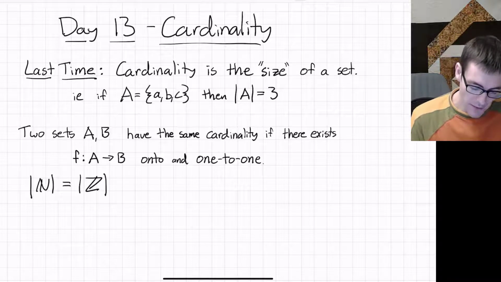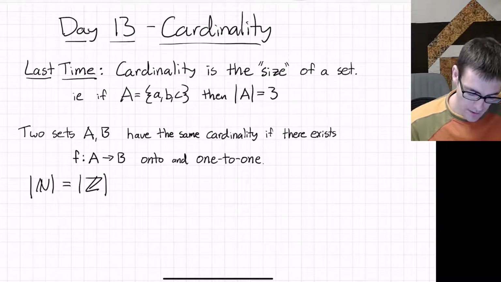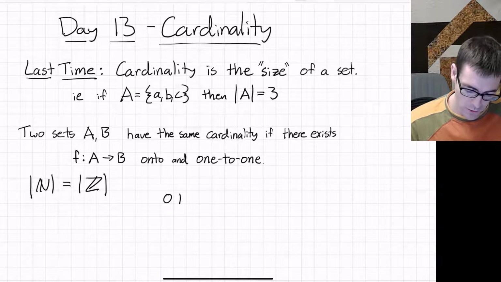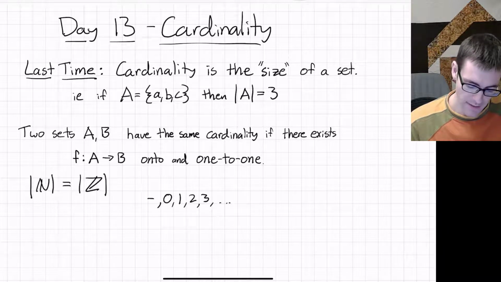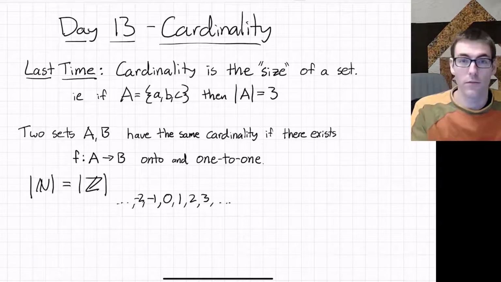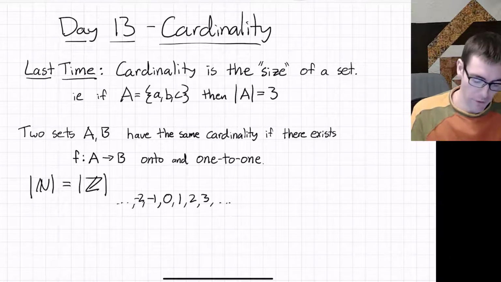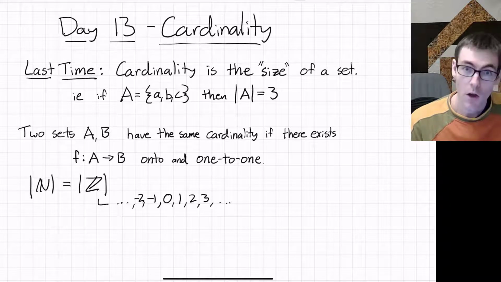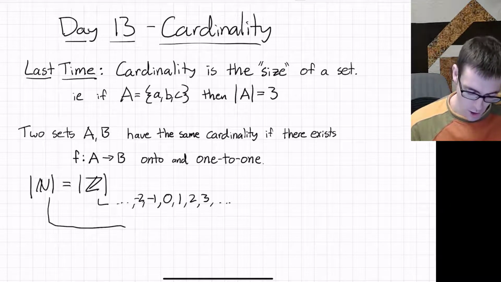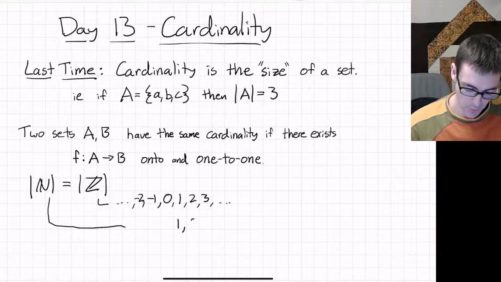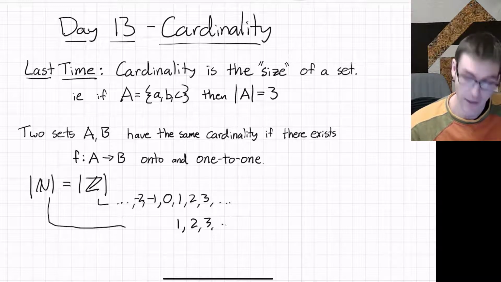So remember, the integers are numbers that look like 0, 1, 2, 3, etc., as well as -1, -2, etc. So all of the whole numbers that are either positive or negative, whereas the natural numbers are just the counting numbers 1, 2, 3, etc.